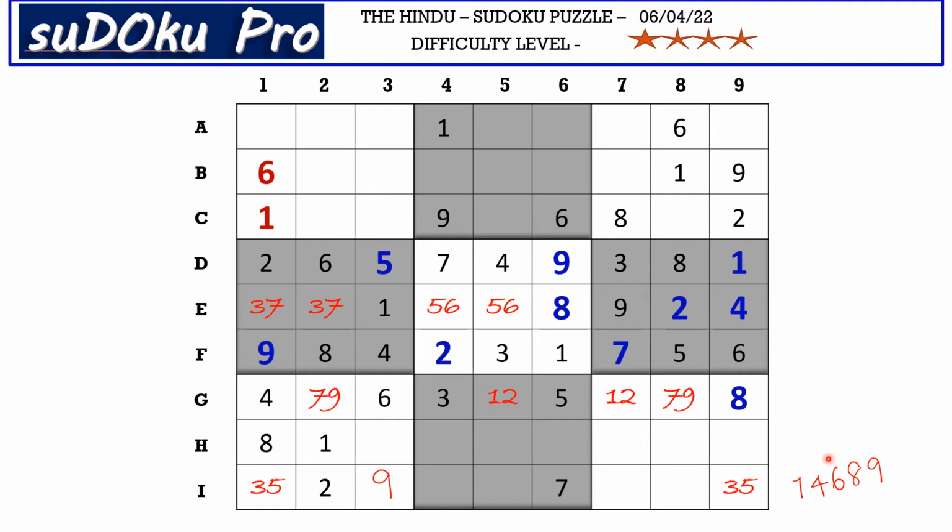So let's strike down 9, and now out of 1, 4, 6 and 8, you can see here 6, 1 and 8 blocking this cell. So I8 takes 4. So let's strike out 4 from here. Now we have 1, 6 and 8 missing. So that means 1, 6 and 8 go in these 3 cells. We do not have enough clue to fill this. So let's move on.